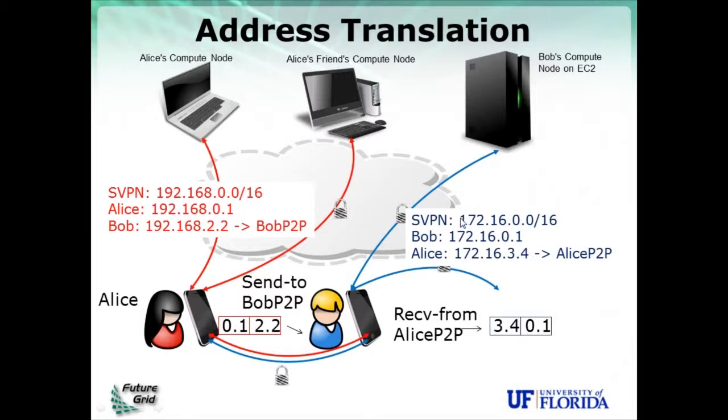Now Bob has its own virtual private network with its own local address space. Let's say here another private address space 172.168.0.0 with net mask 16. And Bob, again, SocialVPN assigns itself an address within this address space and maps Bob's friends dynamically to addresses within this address space. So let's say Alice got 172.16.3.4.